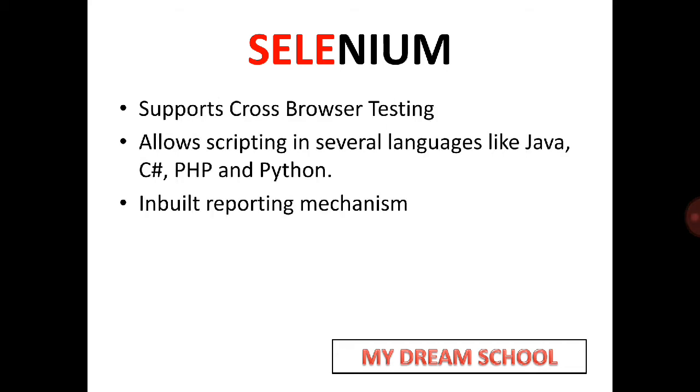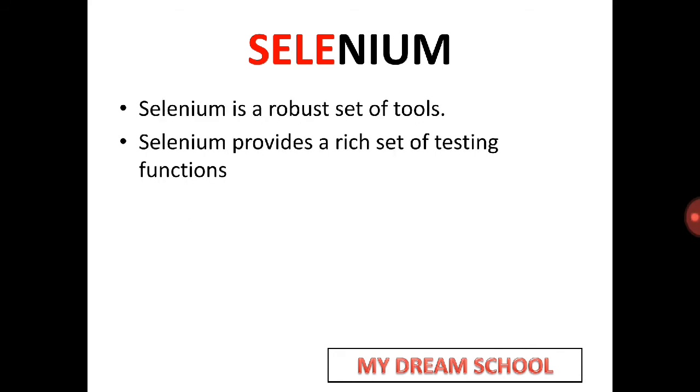Coming to the history of Selenium. Selenium first came to life in 2004 when Jason Huggins was testing an internal application at the ThoughtWorks company. In 2006, an engineer at Google named Simon Stewart worked on a project called WebDriver.